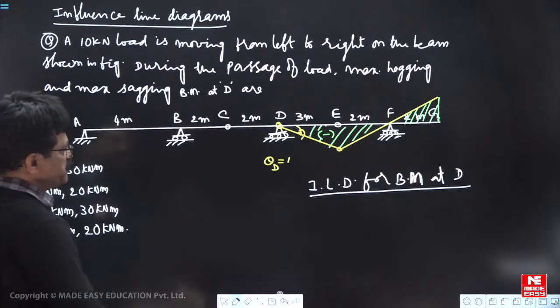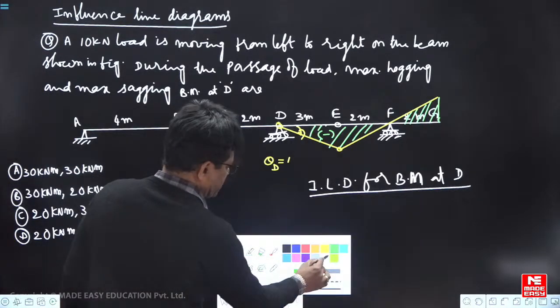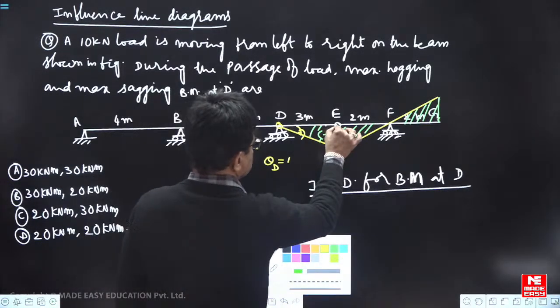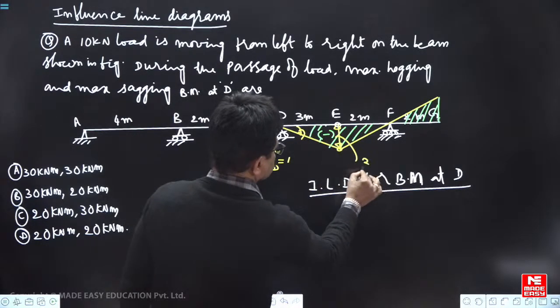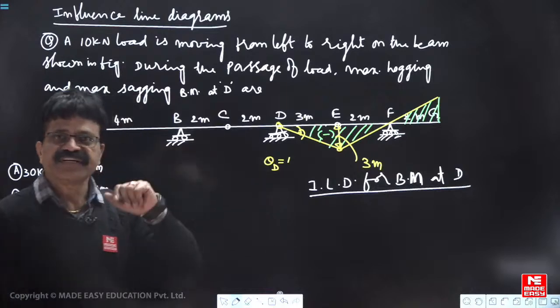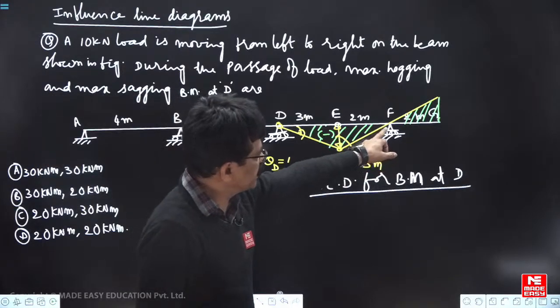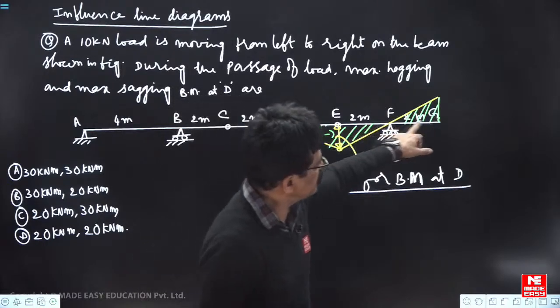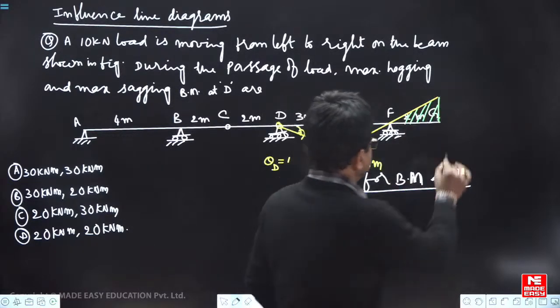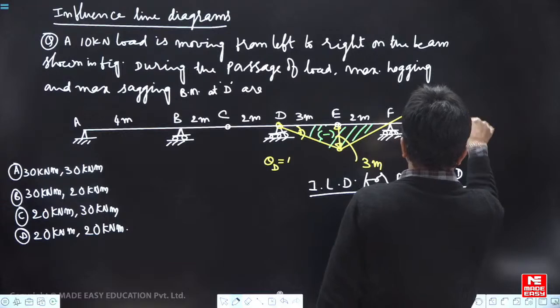Okay. Now see, what is the displacement? 3 into 1, 3 meters. Now similar triangles you have to take. For a distance of 2 meters, this is 3 meters. Here also 2 meters is there, then it has to be 3 meters.